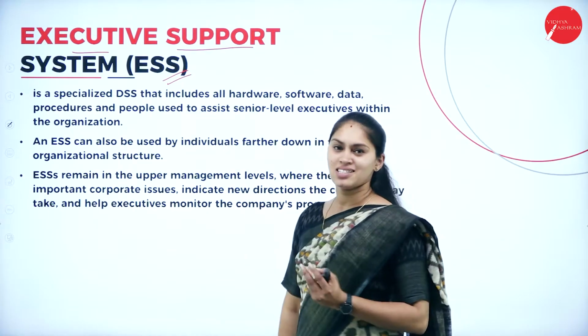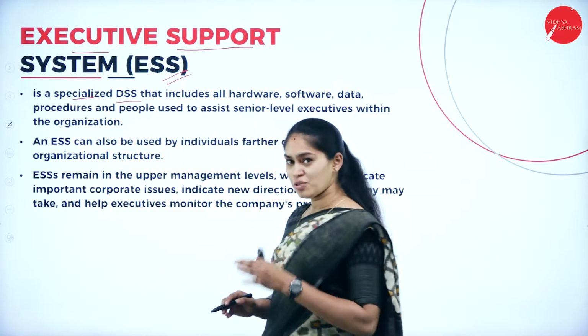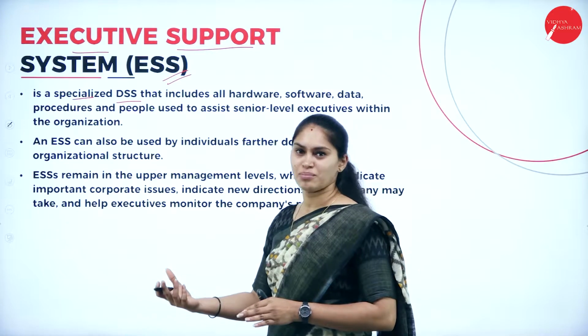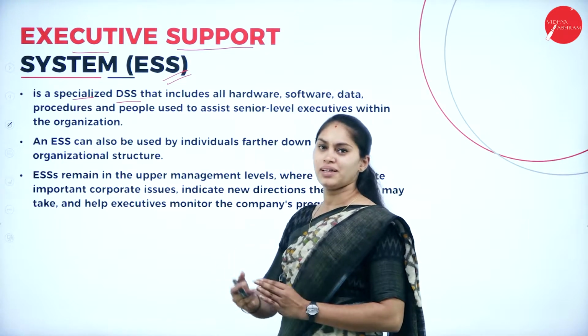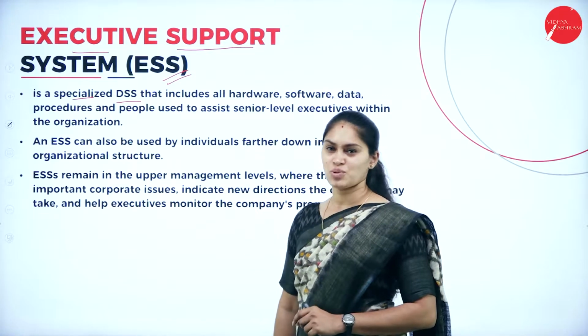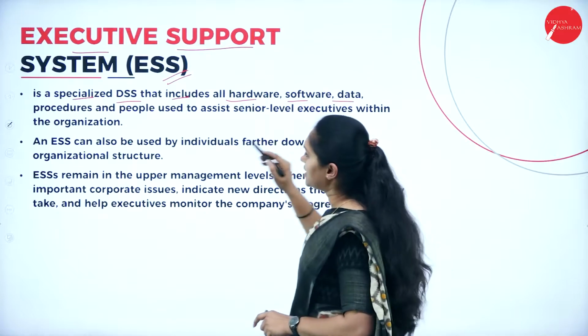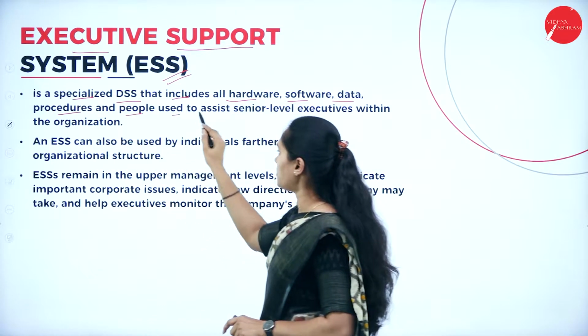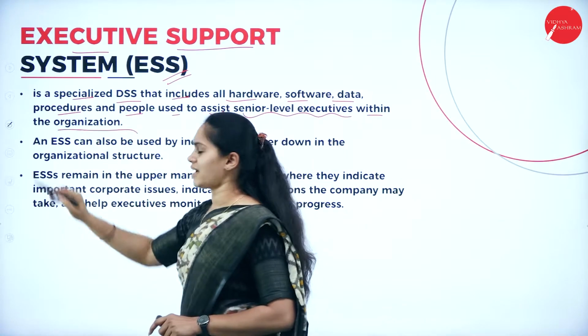Then what is this ESS all about? We'll see now. It is a specialized system used only for the purpose of decision making by the higher authority, termed as the top level management system. That includes all the hardware, software, data, procedures and people used to assist senior level executives within an organization.